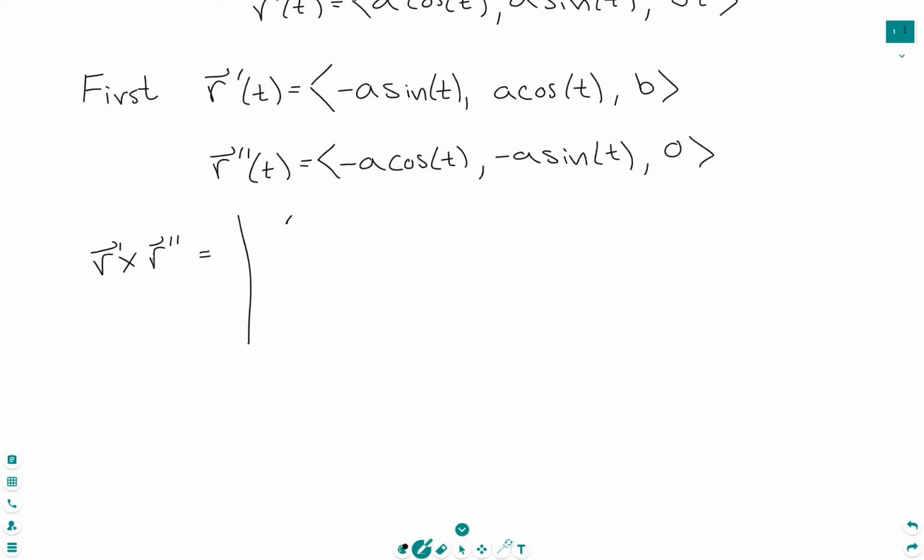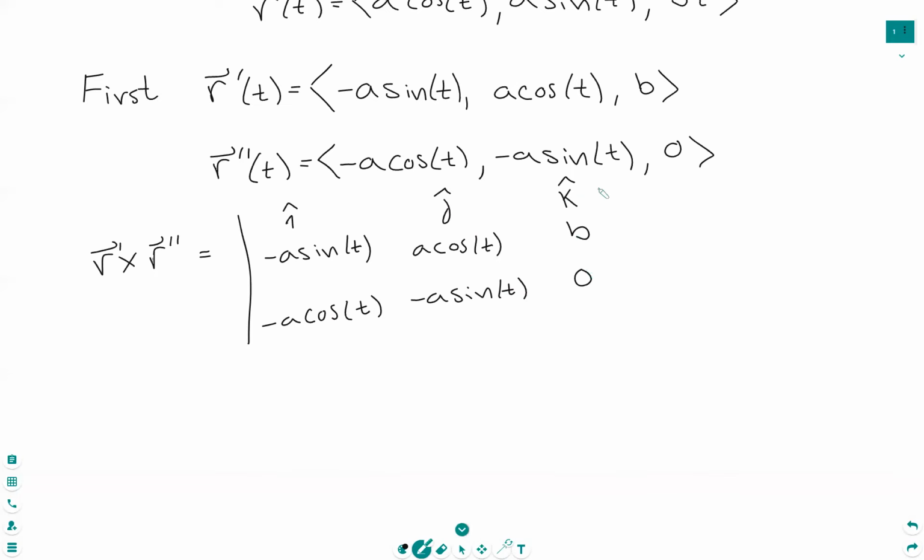We'll have our i hat, and then negative a sine of t, negative a cosine of t, our j hat, our a cosine t, negative a sine of t, and our k hat is b and 0.